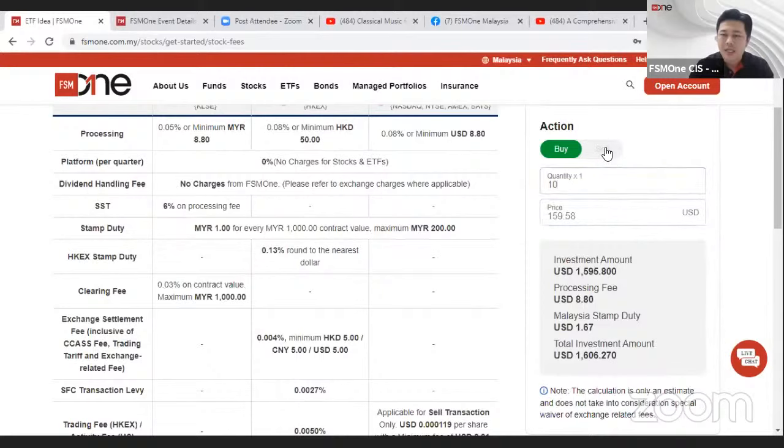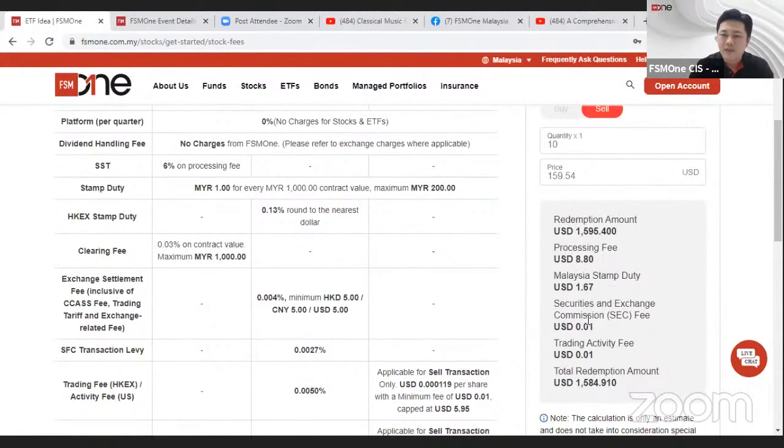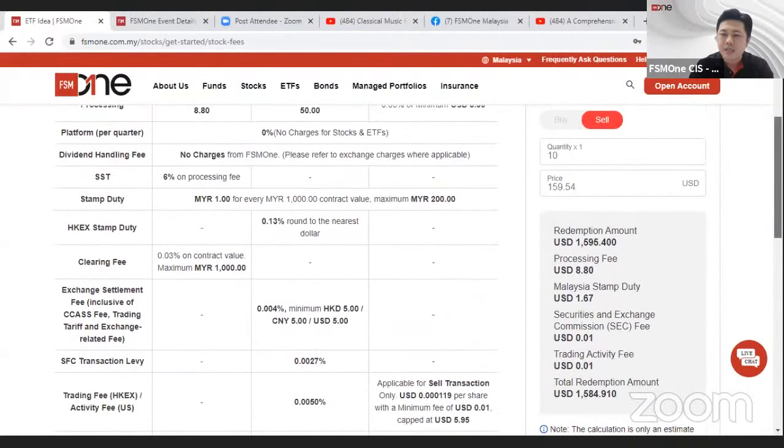And if I simulate the sell transaction, you will notice that you will have 2 additional fees, the SEC fee and trading activity fee for the US market. You can have a look over here, and you are able to know your net redemption amount, which is net of all these fees.